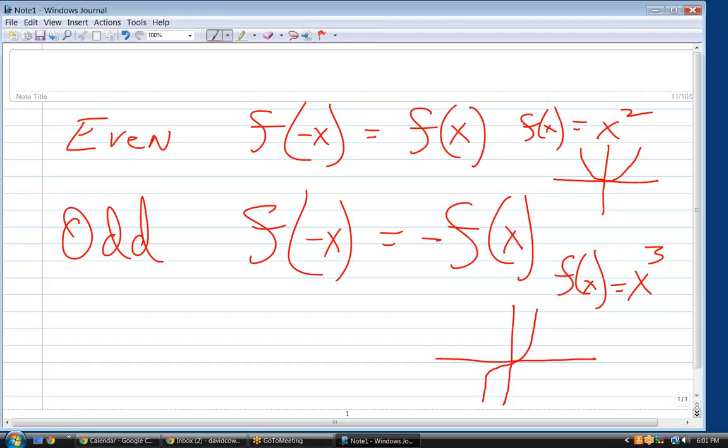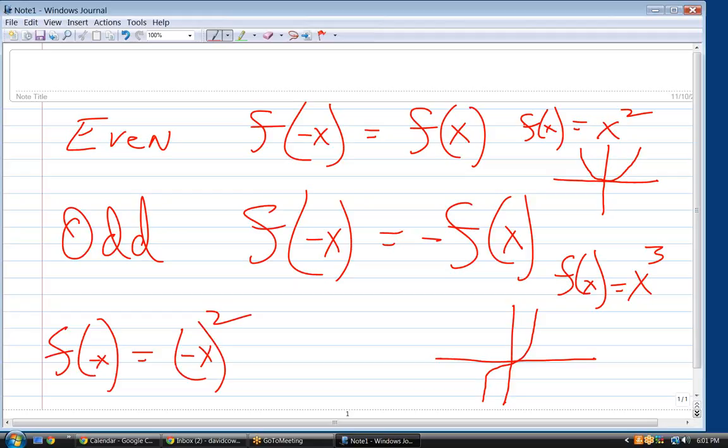And this page right here is what you want to memorize. It tells you everything you need to know about even and odd functions. In other words, why is x squared even? It's because if I take f of minus x, it becomes minus x quantity squared.